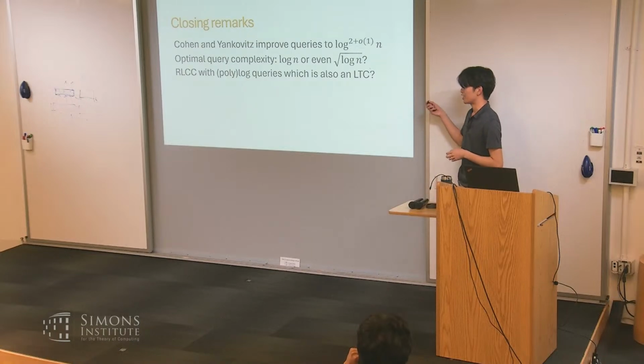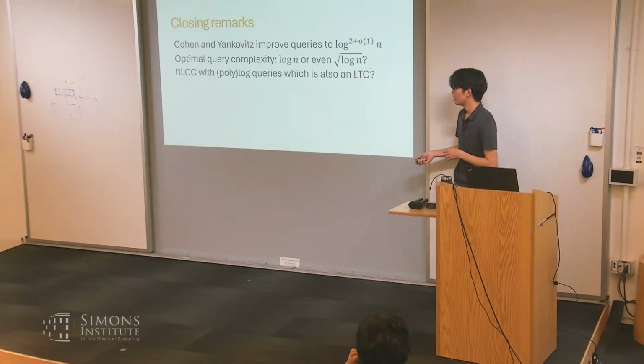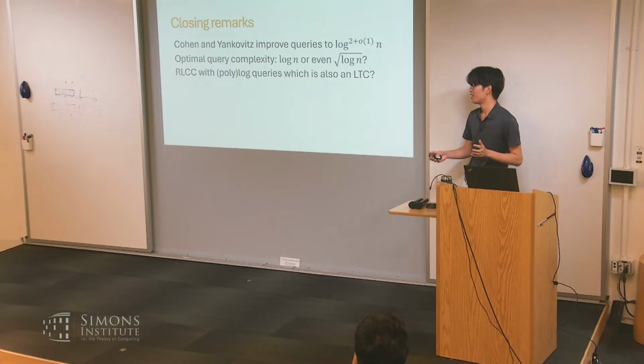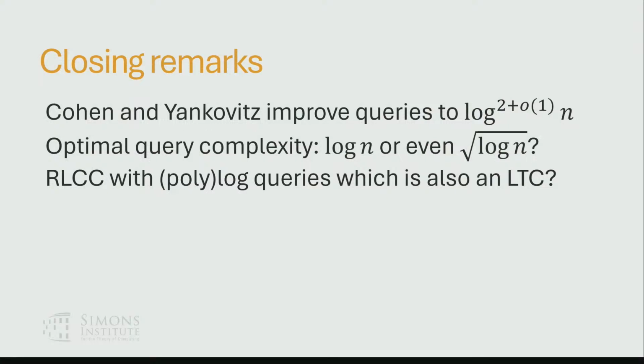This is something that people care about because, as I mentioned in the PCP intuition, you want local testability to eliminate the obvious garbage case and then relaxed correctability to extract information. In a lot of applications it does matter that it's both simultaneously, and ours is not. So this is another direction, and that's all I have.